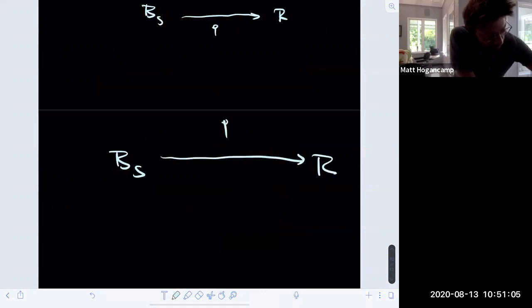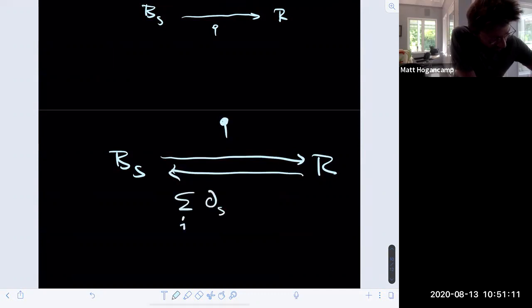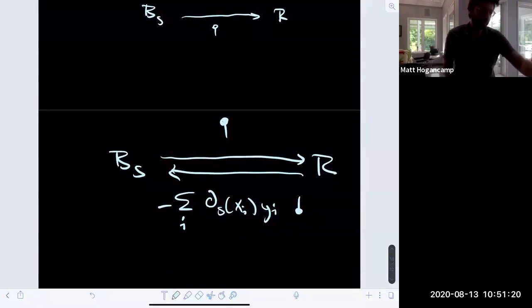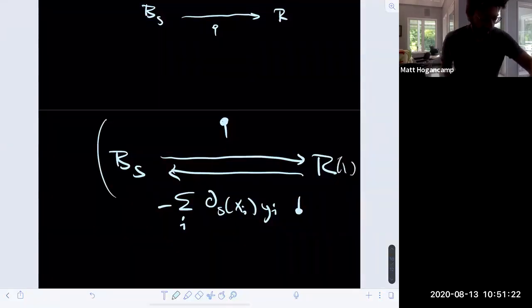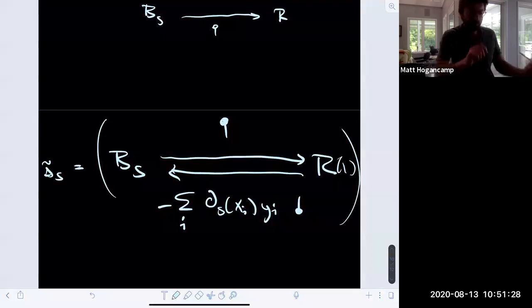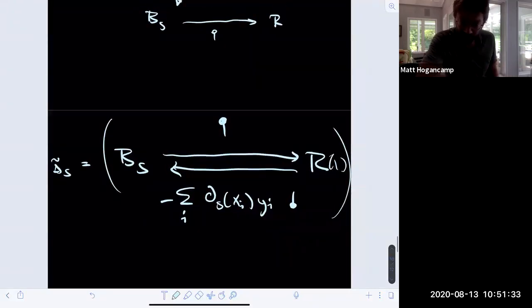We have the standard part of the differential pointing this way, and this guy pointing the other way. That is our curved lift of the standard Rouquier complex, okay? So if you understand this example completely, then you pretty much understand the whole category.